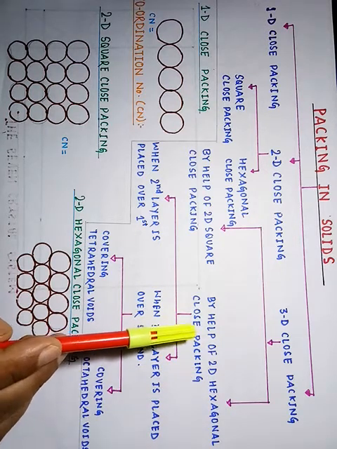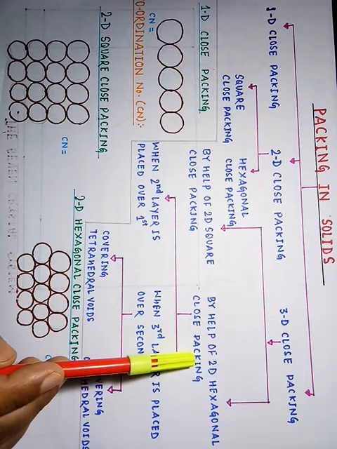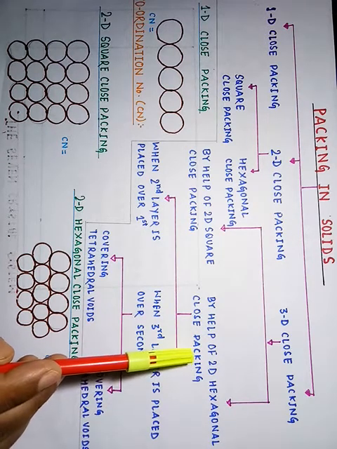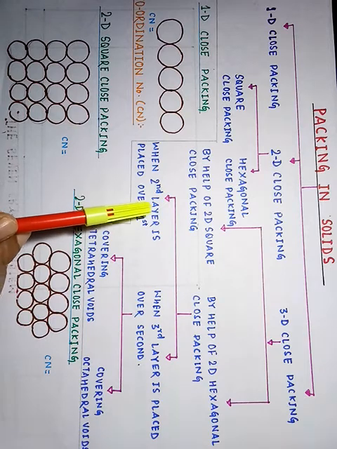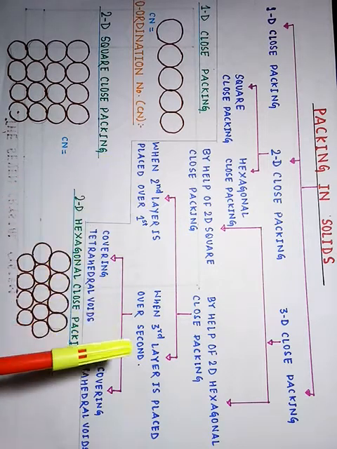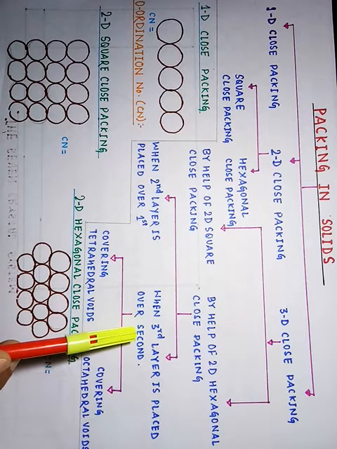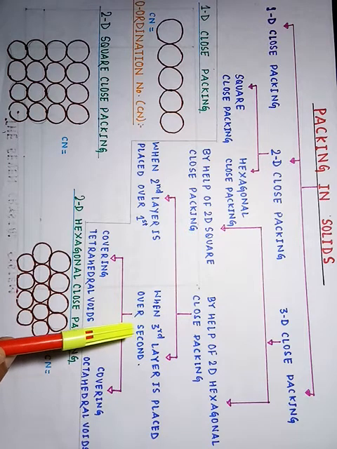Now this hexagonal close packing will be of two forms. When we talk about two layers, first layer and second layer, and the second case will be the case of three layers, first, second and third layer.